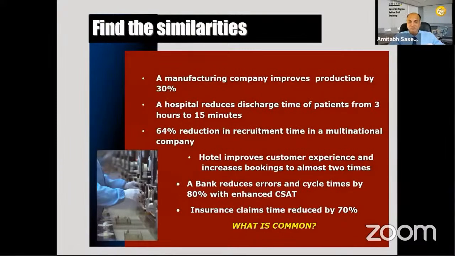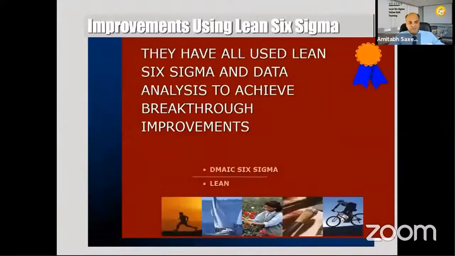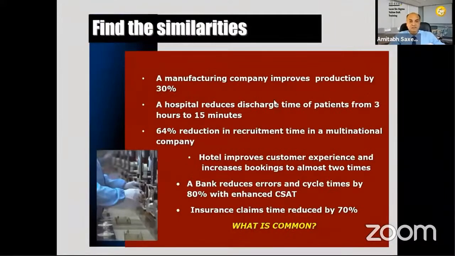A hospital reduces discharge time of patients from 3 hours to 15 minutes. 64% reduction in recruitment cycle time in a multinational company. A hotel improves customer experience and increases bookings to almost 2 times. A bank reduces errors and cycle times by 80% with enhanced CSAT. Can you please tell me what are the similarities? And you can write down in the chat box.